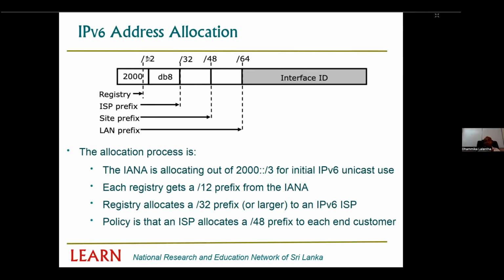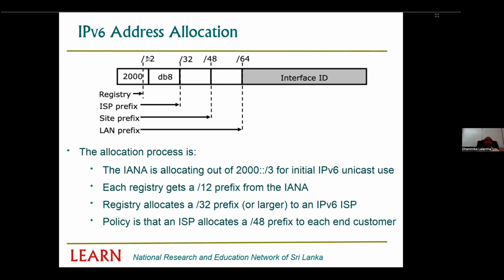That is also a very huge address space. Then if any ISP requests IPv6 address space from that registry, they normally allocate a /32 prefix length.